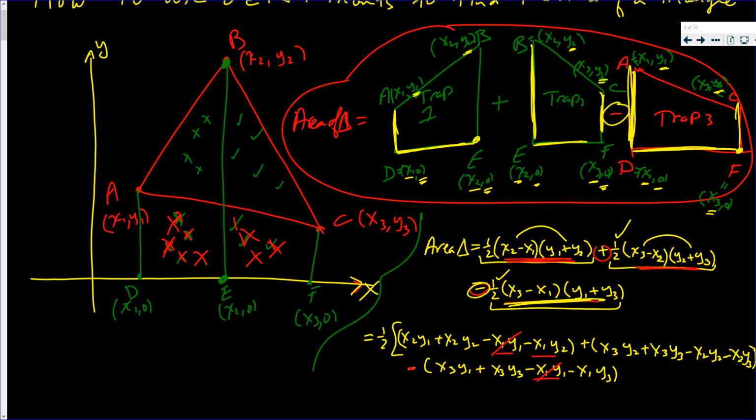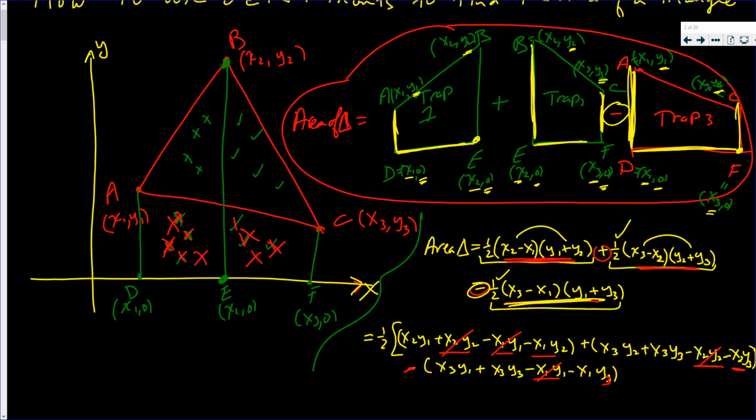I don't seem to see it. Negative x2, y2. I have x2, y2 minus x2, y2. So those cancel. I'm also taking away x2, y3. Am I adding it somewhere? I don't see it. But if I'm wrong, we'll find it later.